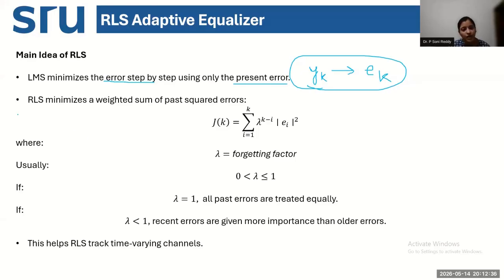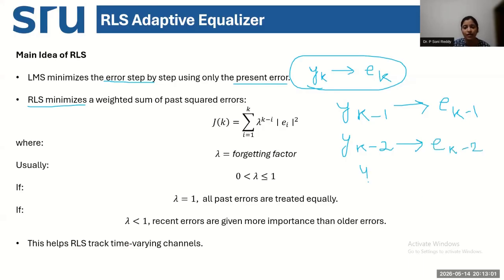Okay. But what is RLS doing? RLS will study all the previous symbol errors. Previous symbol means for YK minus 1, what was the previous error? The previous error was EK minus 1. For YK minus 2, the previous error was EK minus 2.